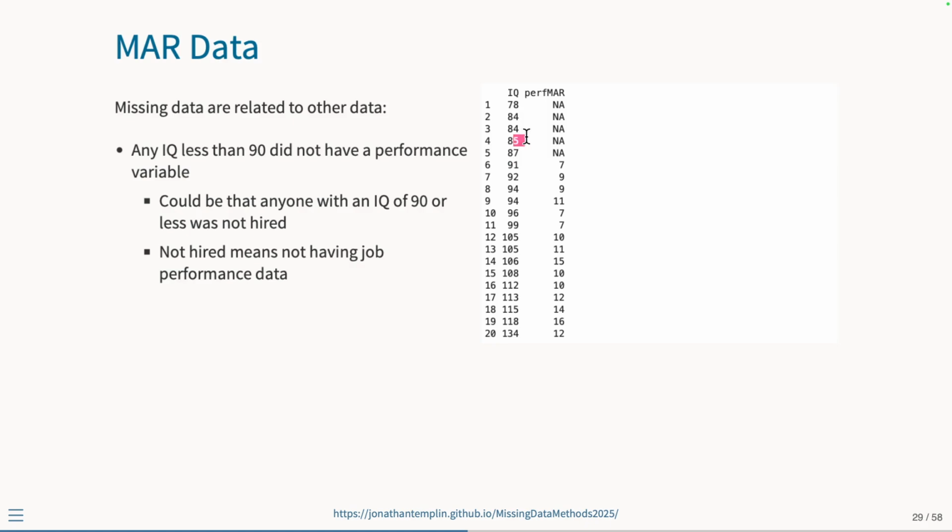If IQ is less than 90, they're missing. Well, we collected IQ. We even collected IQ on the people who didn't get the job. They may have been job applicants. They may have applied for the job. They may have somehow given you data to give an IQ score for. So this is an example of missing at random. It's a very naive example, but it's what you think. So questions on that? Does that make sense?